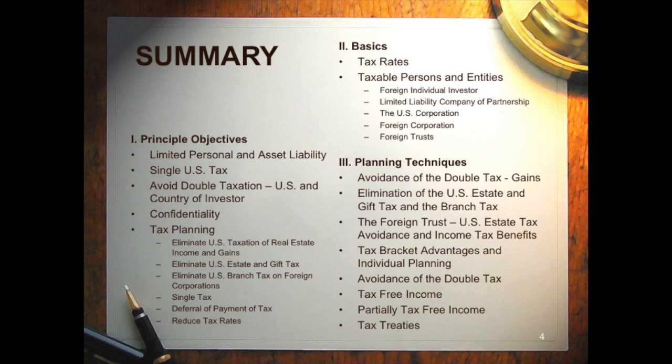That's the tax planning. The entities, we talked about the entities that we chose to lead to an investment entity that fits the investor. The foreign individual investor, which again I say I don't recommend it at all. There's too much liability in every fiber of that. Limited liability companies or partnerships. This is a step in the right direction, where at least there's limited liability only to the assets that are being owned.